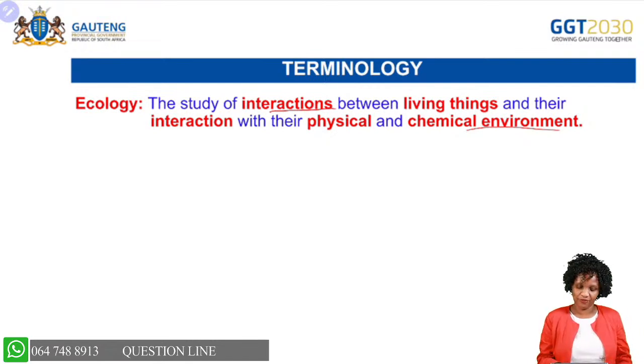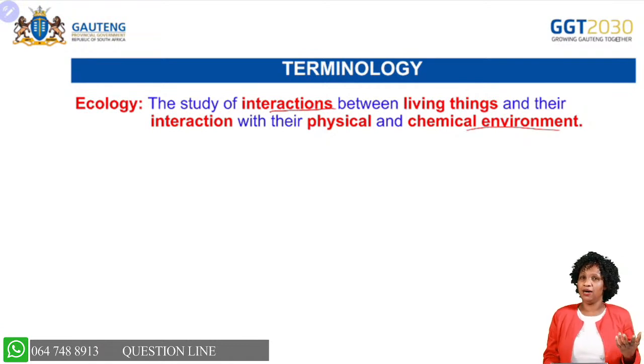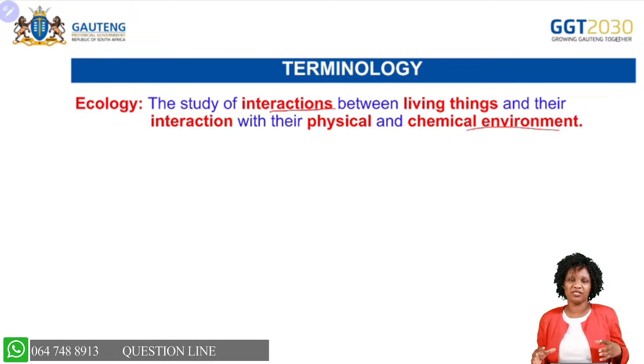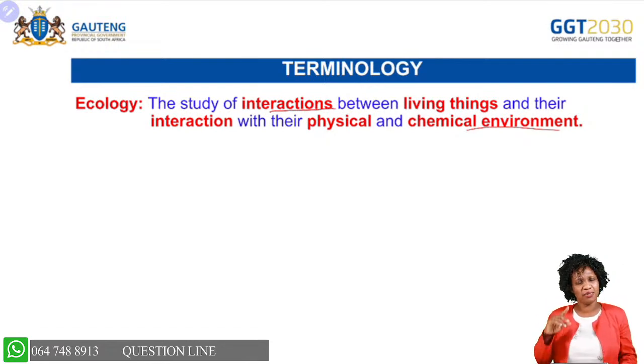All right. For example, we are going to come across different animals. If we come across a community, this is whereby we've got different types of animals. And then they will be in the same environment. And then there is something that is drawing them to that environment.